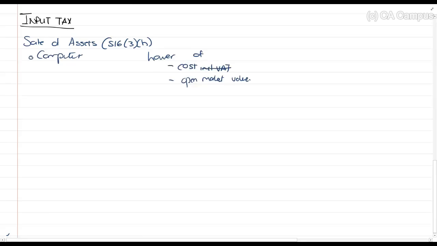So we'll say the cost ex VAT, which was 49,900 times 100 over 114, remember, because it was 14% VAT.